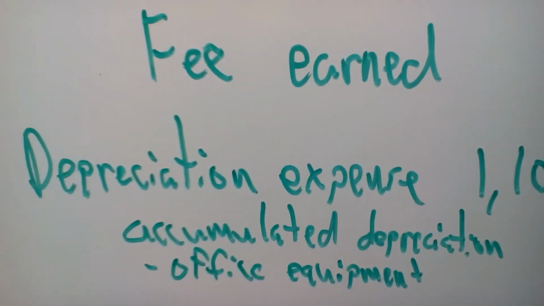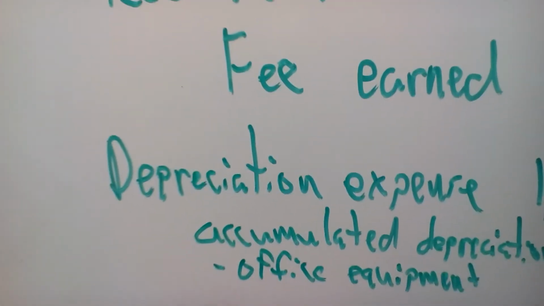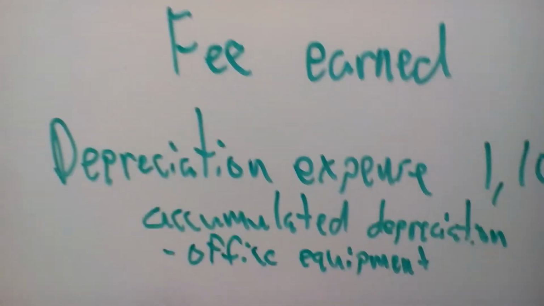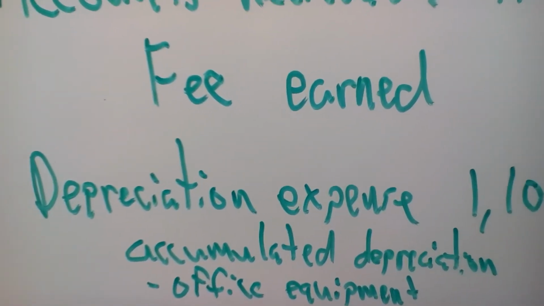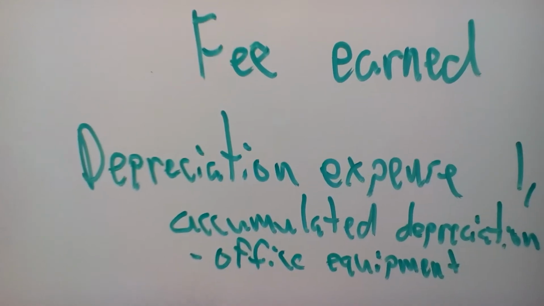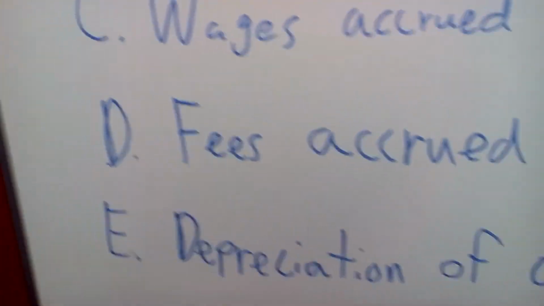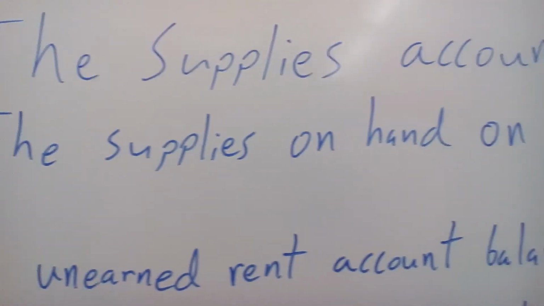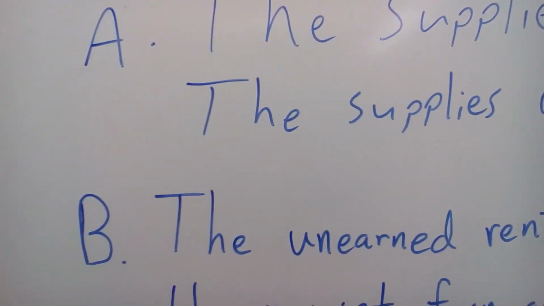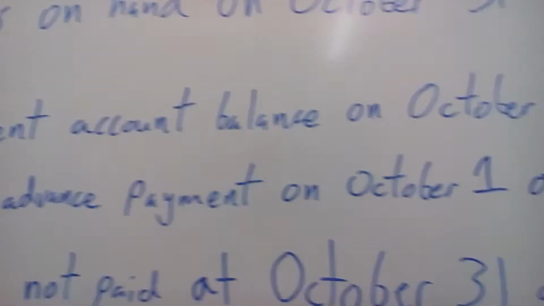It's more conservative to depreciate a big asset over months and months, so that it doesn't overstate your expenses. It's just smarter. It's all about keeping things smooth. You want your statements and your income and all that to be smooth.